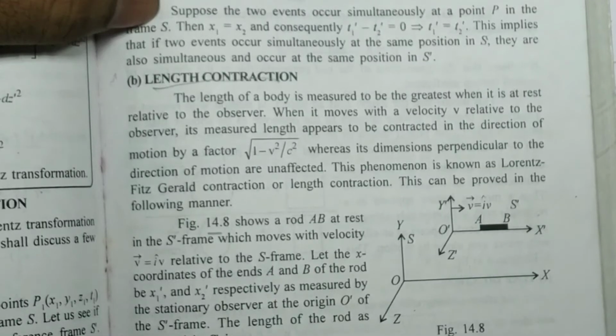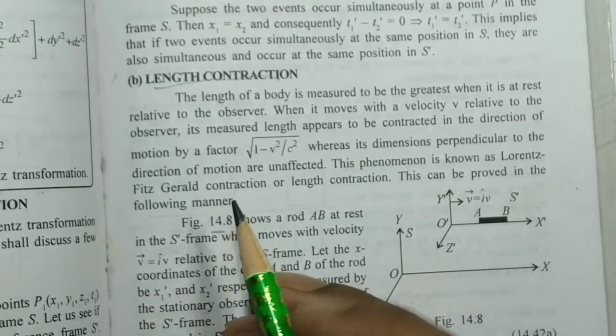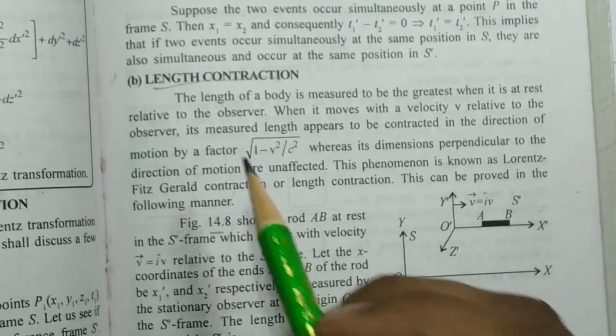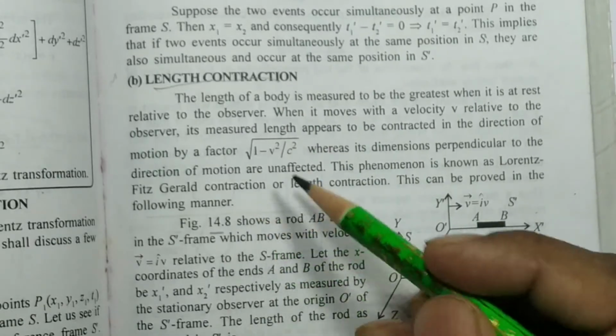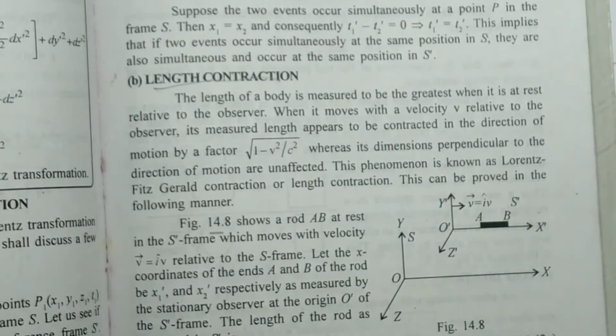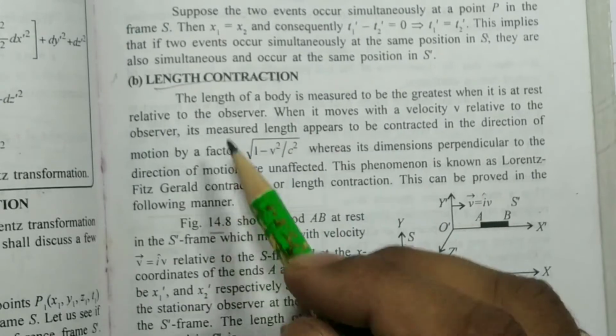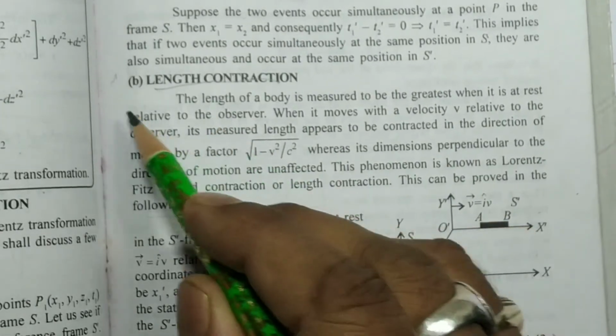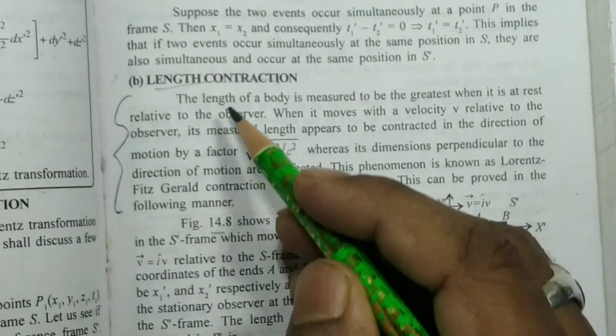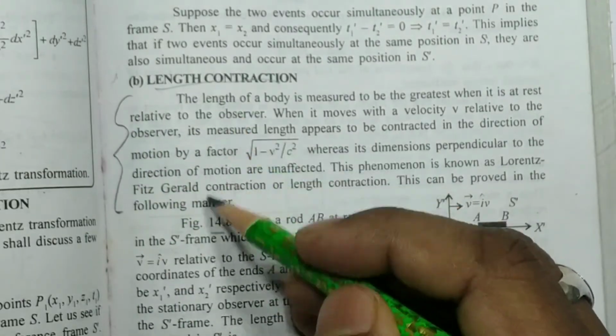Here I am directly explaining the length contraction from this book, so you just follow this. Whatever I have discussed, the same thing is written in this paragraph. I am just reading and explaining, you just watch.